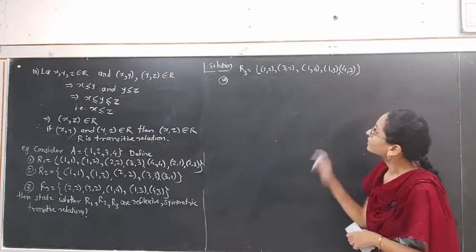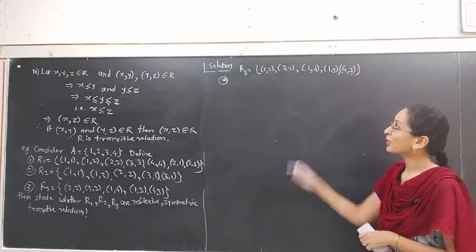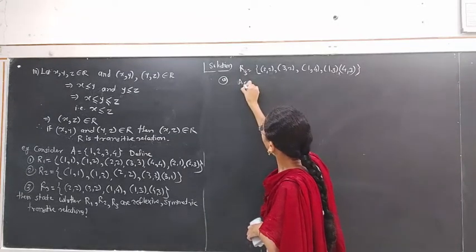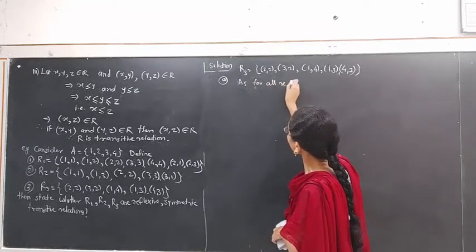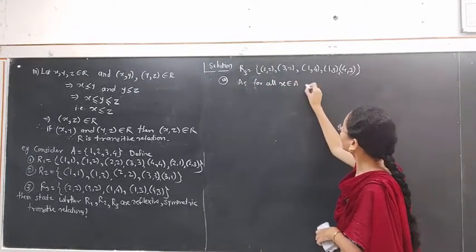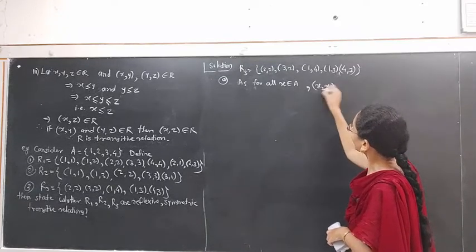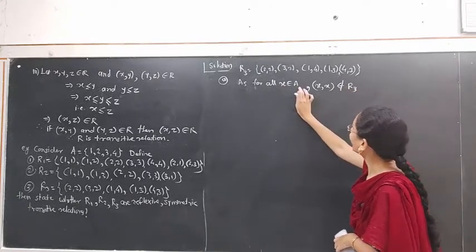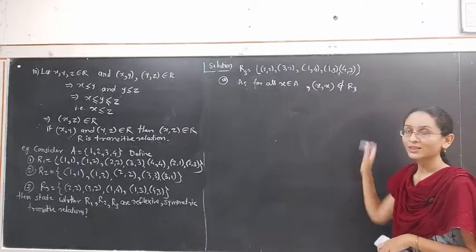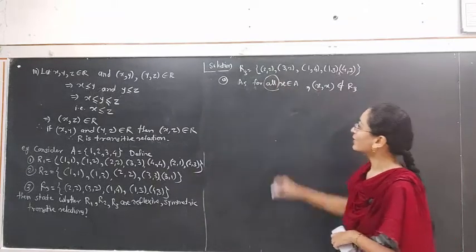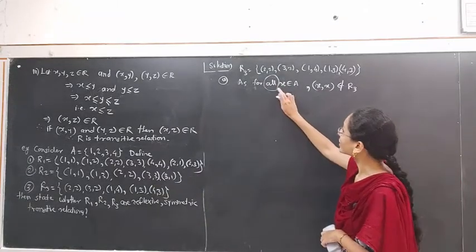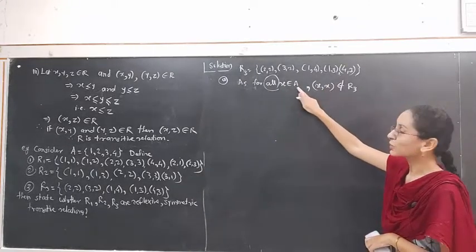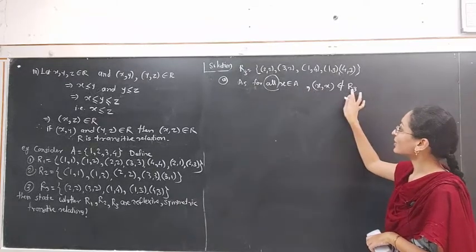Because the ordered pairs (2, 2), (3, 3) and (4, 4) do not belong to R3, we do not have (x, x) belonging to R3 for all x belonging to set A. This is not true for all x belonging to A. If we take x equal to 1, an element of set A, (1, 1) does not belong to R3.